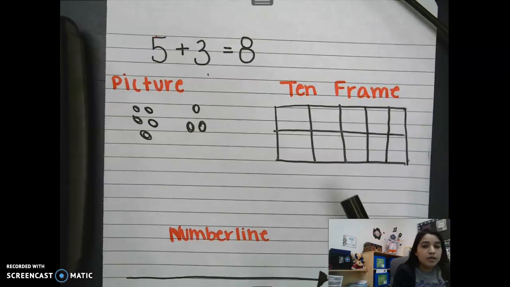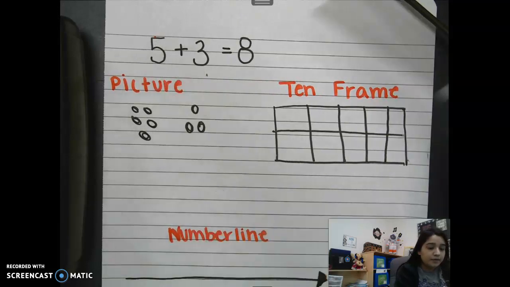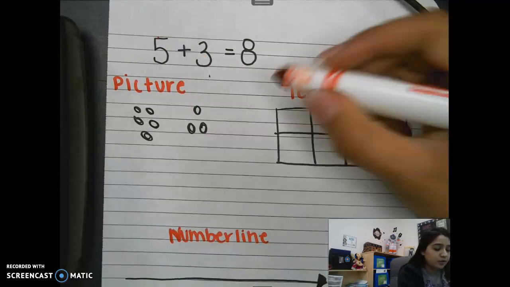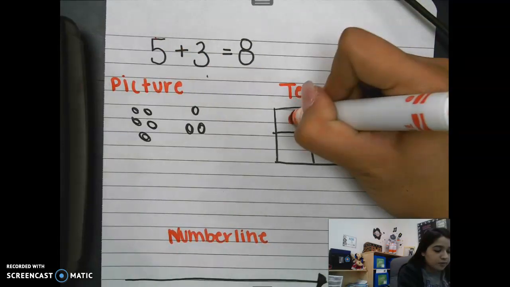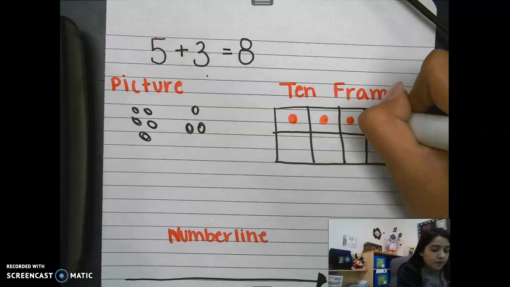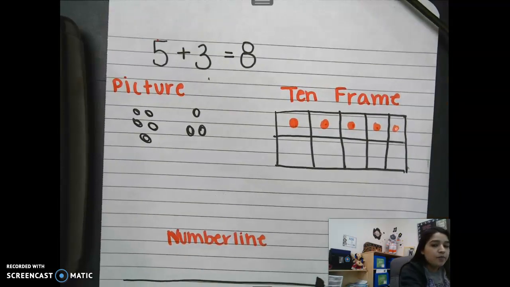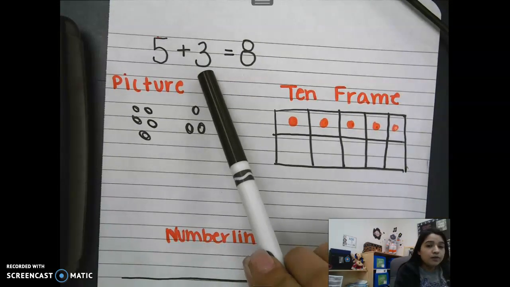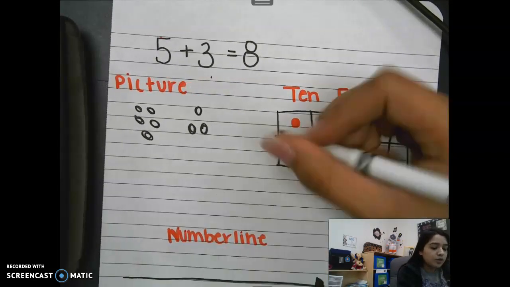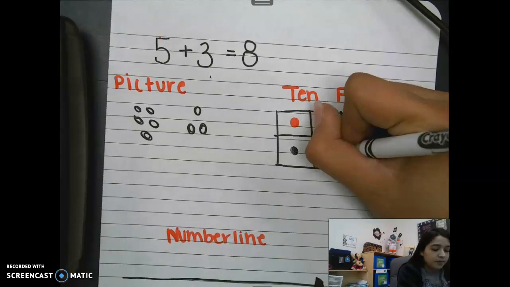How many do we have? We have 5. Yes. So we're going to draw 5 red circles: 1, 2, 3, 4, 5. And how many do we have here? 3. So we're going to draw 3 black circles: 1, 2, 3.